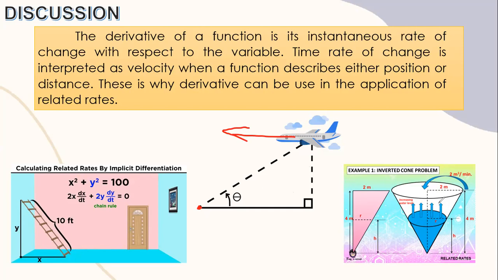We have here the inverted cone problem, which involves water na inilalagay natin sa ating inverted cone. Okay? So as time goes by, umaangat yung water. So pwedeng ang computin dito ay rate of change ng pag-angat ng tubig.